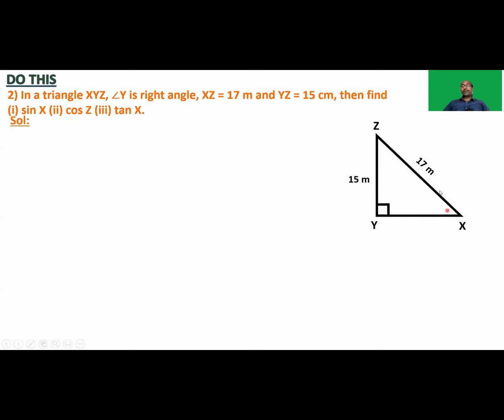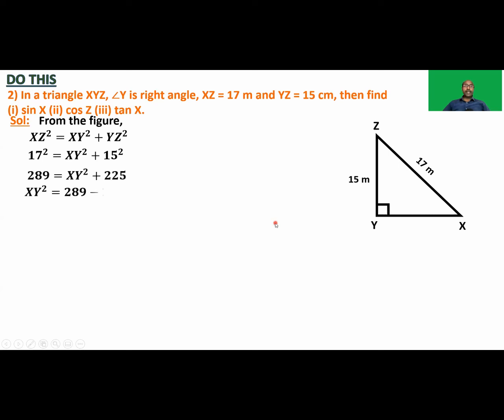In this picture also, we have only two sides of this right angle triangle. So to find the other side, we have to use Pythagoras theorem. From this figure, we can write XZ square, that is square of the hypotenuse, is equal to sum of the squares of remaining two sides, that is XY square plus YZ square. So substituting values and simplifying, we get XY is equal to 8 meters.